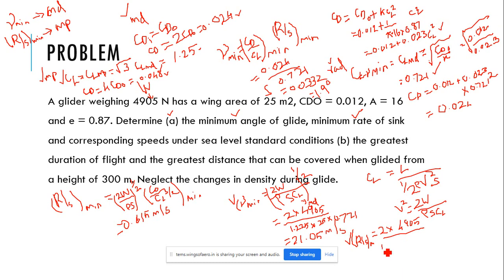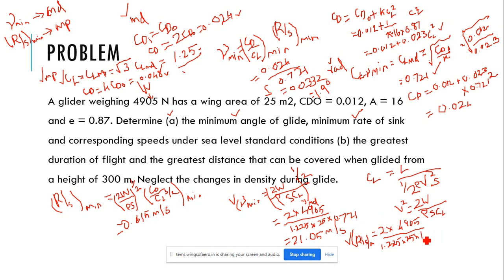Okay, so 2 into 4905 divided by 1.225 into 25 into 1.25. So this is what we need to substitute.